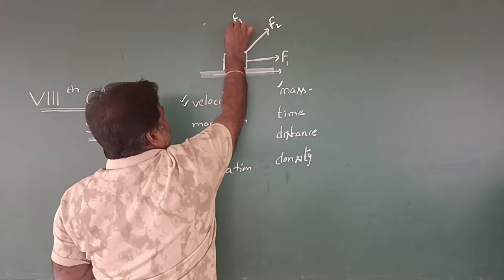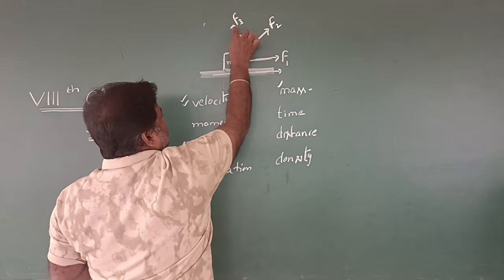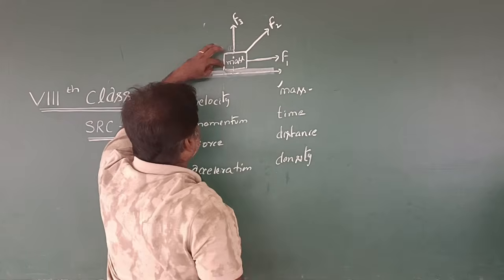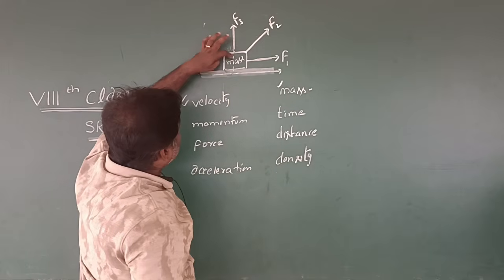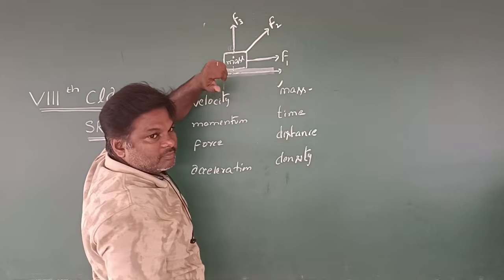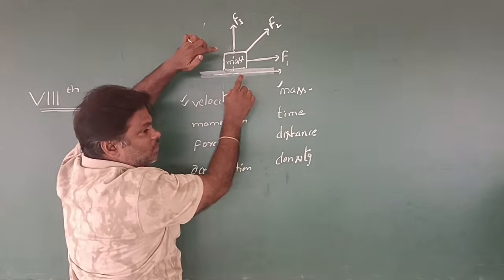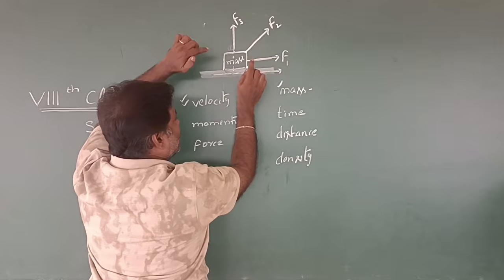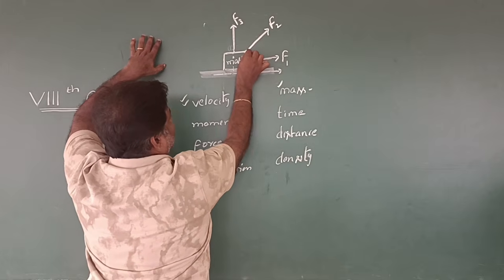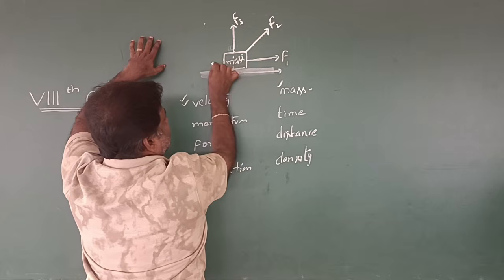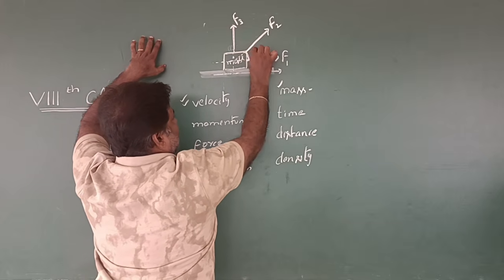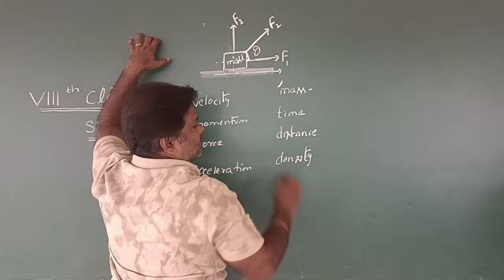And observe this one, F3. F3 is applied on this block perpendicular to the floor. And F2 is the force which is neither perpendicular nor parallel. It is applied at an angle theta.